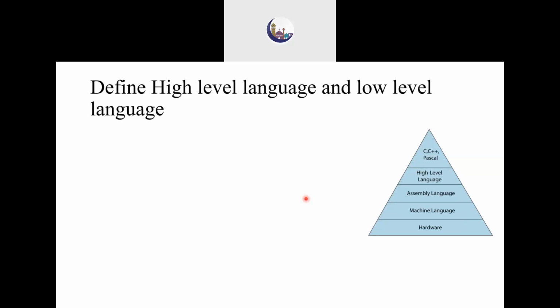It doesn't understand anything else. So, can we speak to a computer in just ones and zeros? No, it's not possible. That's why programming languages have been developed as high level languages and low level languages. Let's get to know what exactly a high level language and a low level language are.